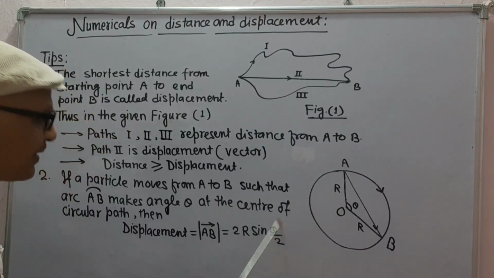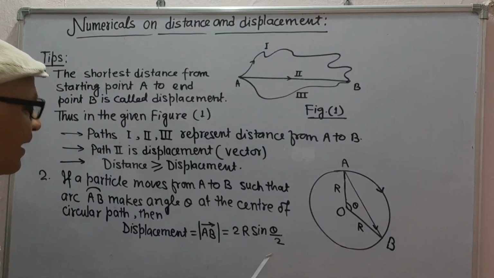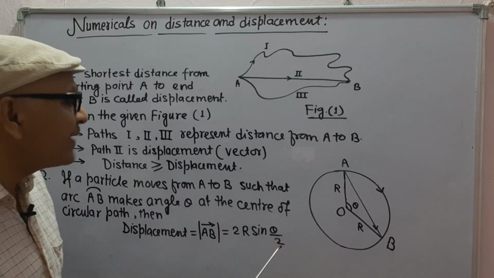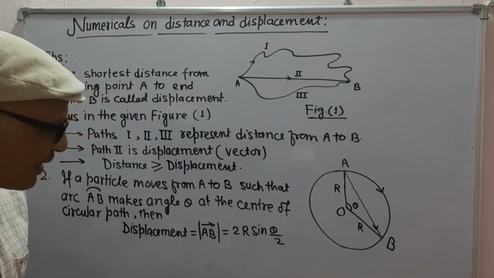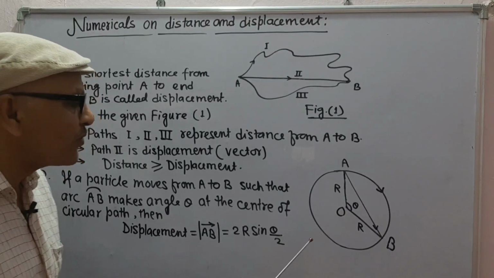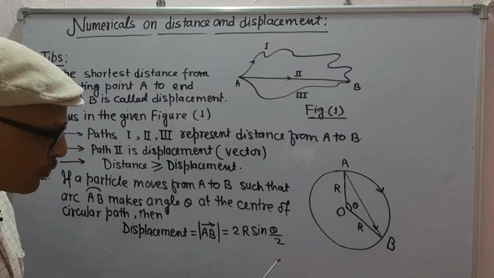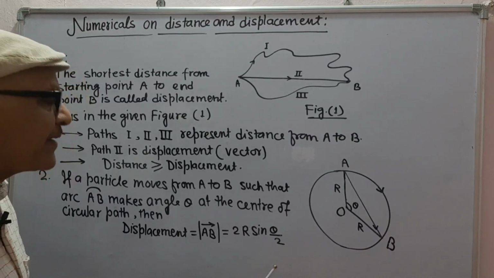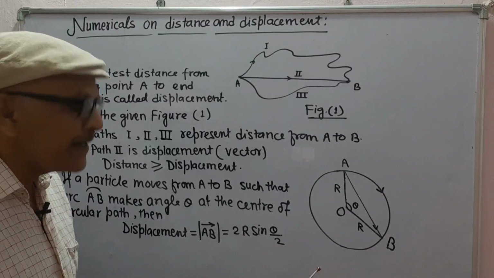This can be proved by the triangle of vector addition and subtraction, and using cos theta is equal to 1 minus 2 sin square theta by 2.